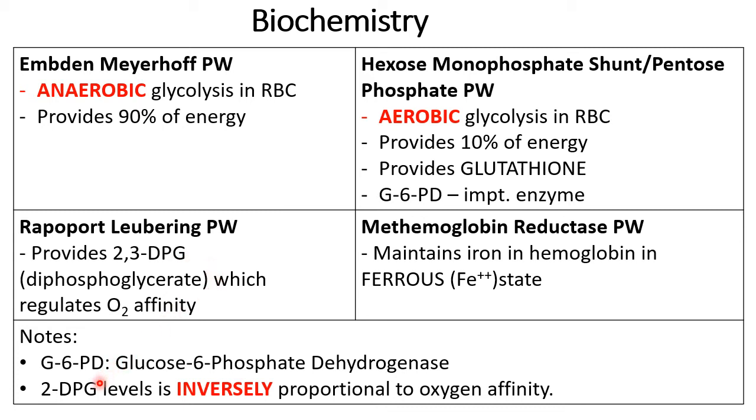Therefore, ano ang rule natin dyan? 2,3-DPG is inversely proportional to the oxygen affinity. And lastly, your methemoglobin reductase pathway, which maintains the iron in ferrous state. Okay? Kailangan ferrous, kasi itong ferrous state will also help in preventing oxidation by the free radicals.